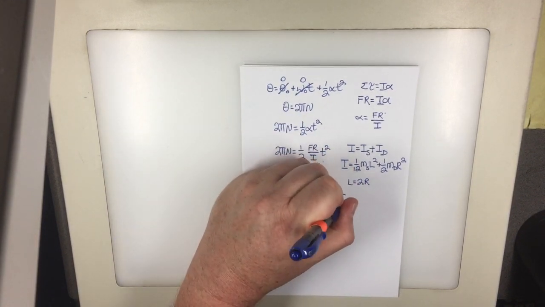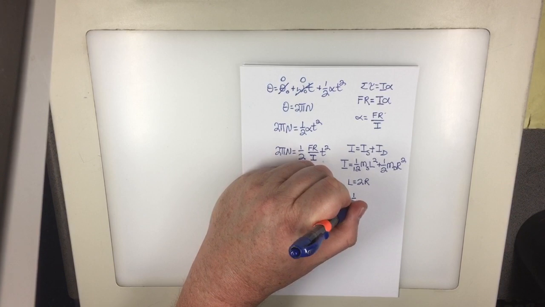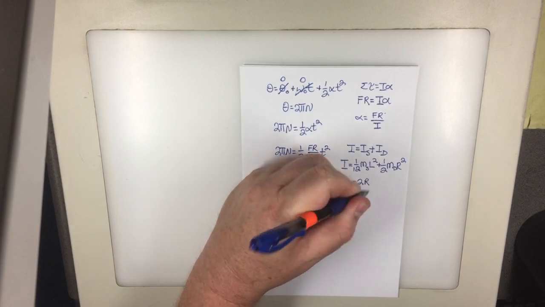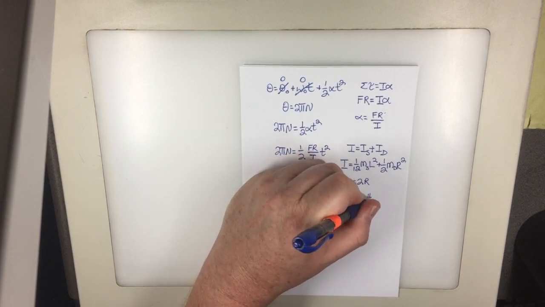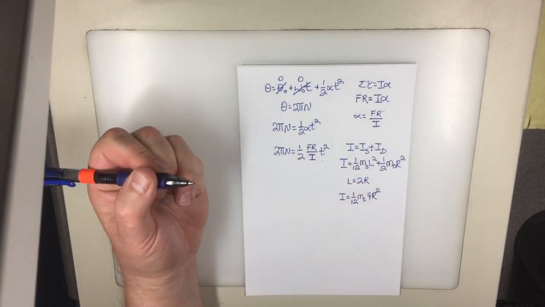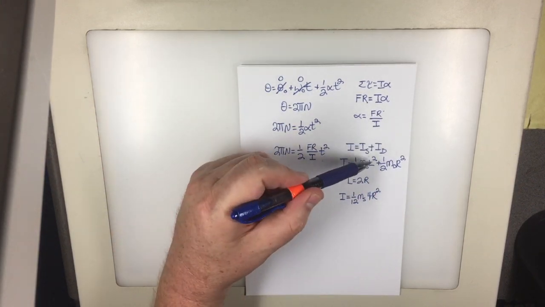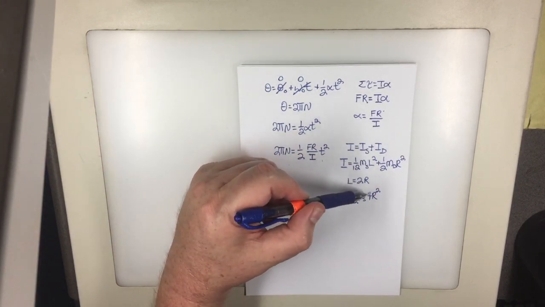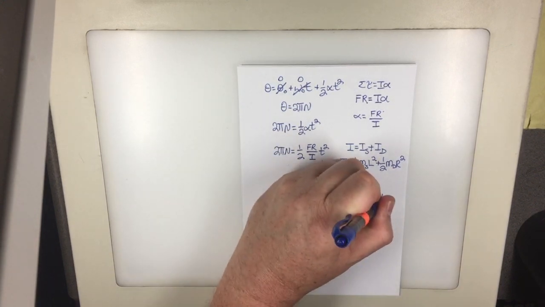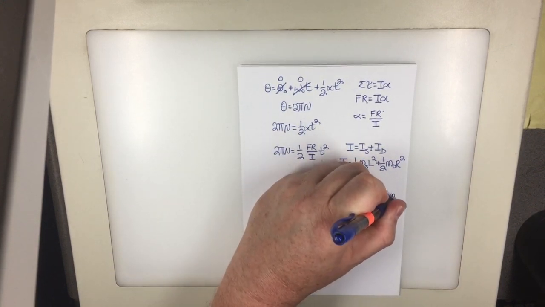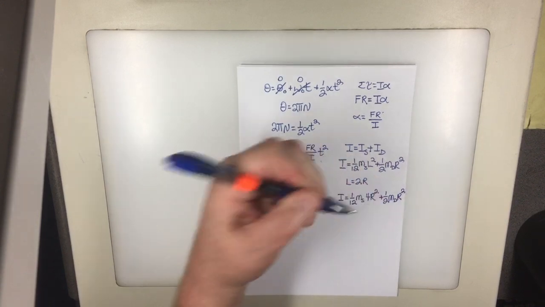So this makes it I equals 1/12 m stick times 4R squared. L is 2R, L squared is 4R squared, plus 1/2 m disc R squared.